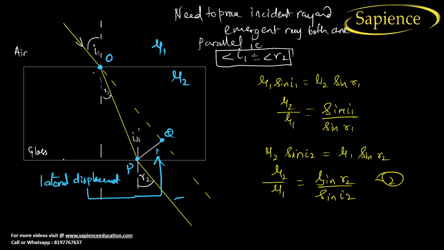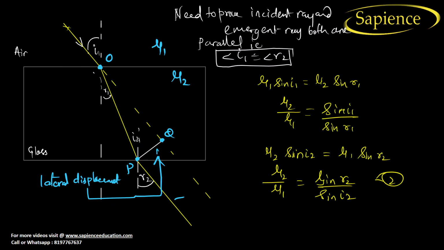Now see here, next we need to prove that when light is incident on any slab, it will bend toward the normal and again come out.